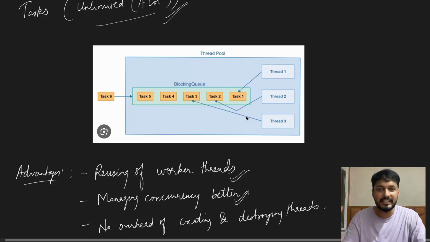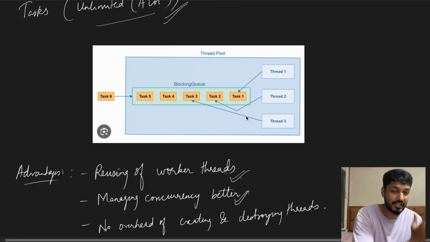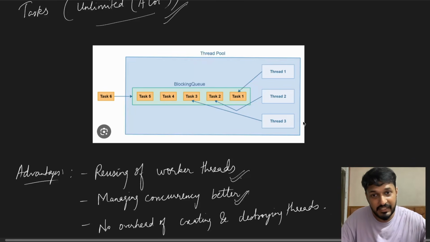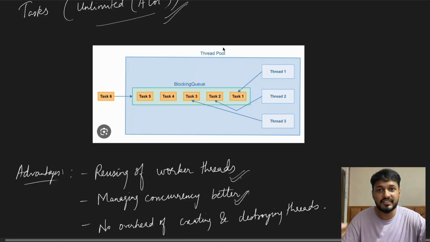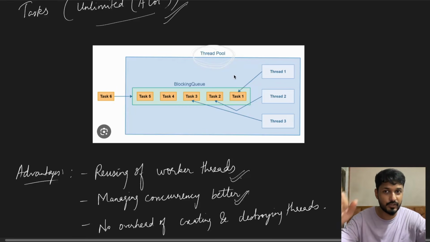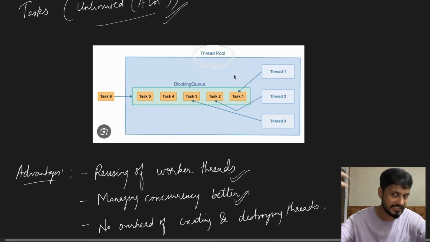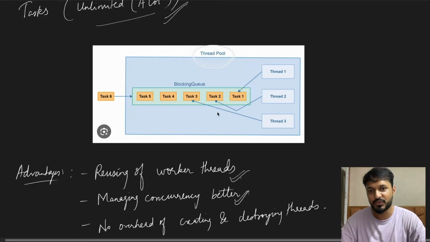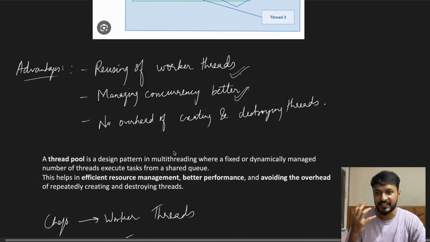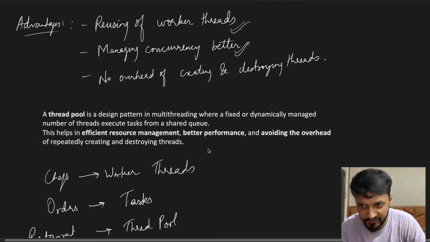This complete system that we have made, inspired by a restaurant and chefs, is known in Java as a thread pool, and this thread pool is the foundation of the ExecutorService that we'll study in later lectures. So what is the formal definition of a thread pool?